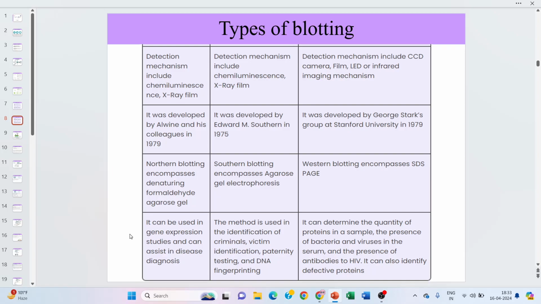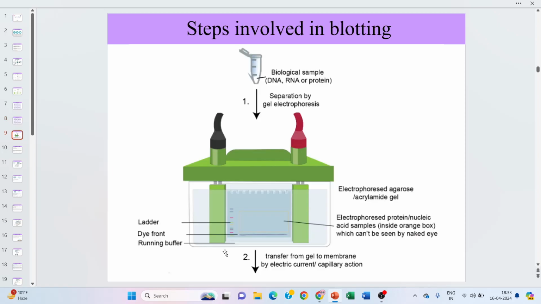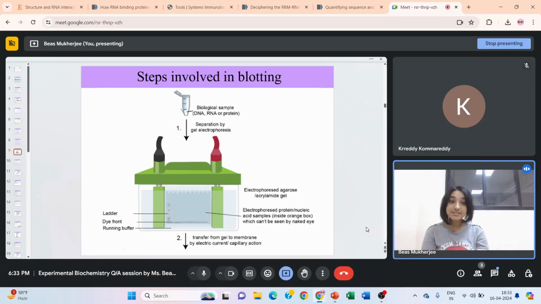So now we will move on to the steps involved in blotting. This is very interesting. We have already got into the core area of blotting, which is what is done in blotting. First you can see there is this biological sample. This biological sample can have your DNA of interest, your RNA of interest, or your protein of interest.